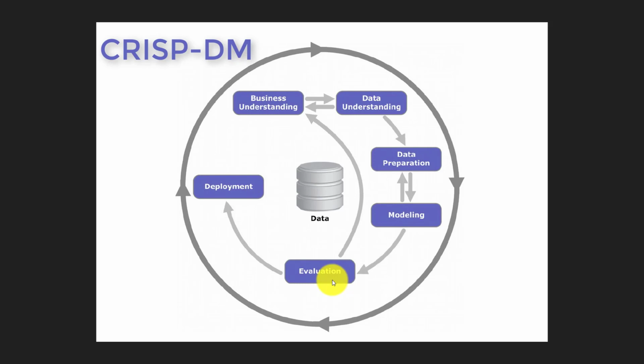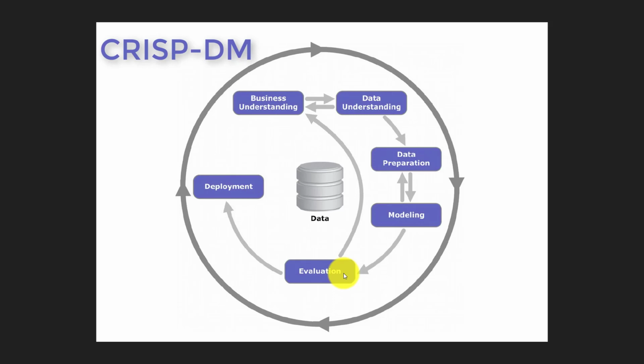Now, if we find that there's gaps, we would then go back to our business understanding and start the cycle again. So business understanding, data preparation, modeling, evaluating. We go through this over and over until we are very satisfied with our evaluation, that it properly represents our business understanding with the data that we have access to, and it's going to provide some type of new insights that can be actionable.